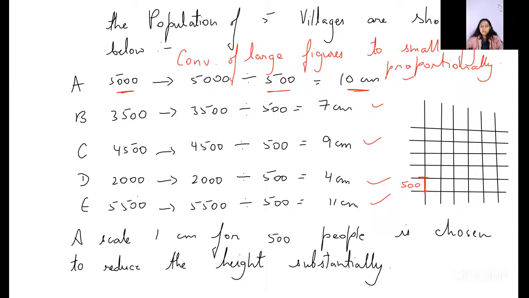All right, so this method is optional. Using this method is optional. If you want to do this in the exam, then it's okay. Or the other thing you can do is make this graph directly with the given data.